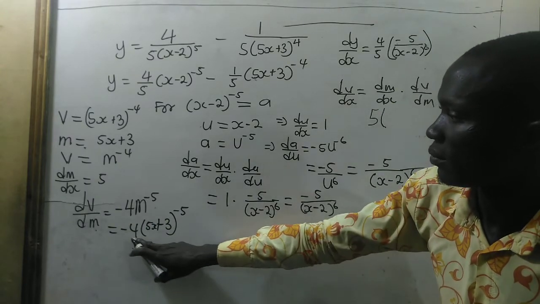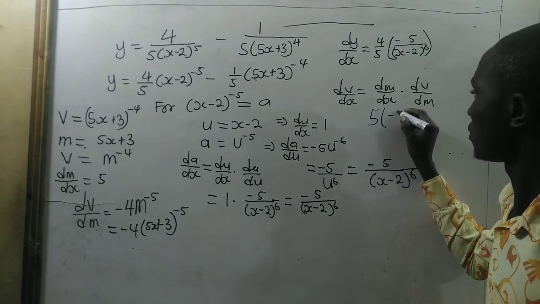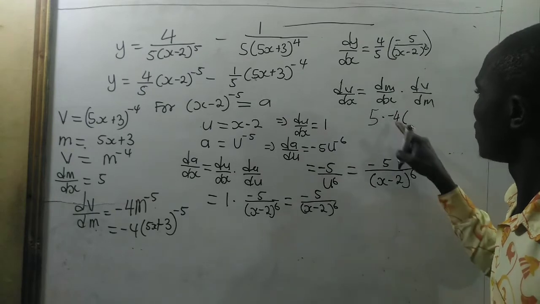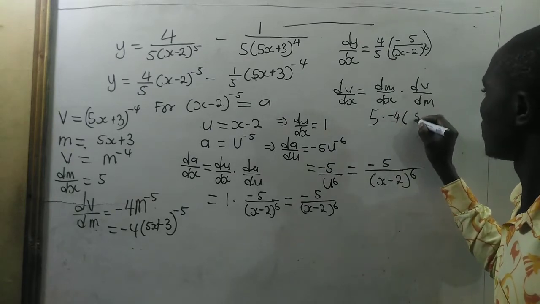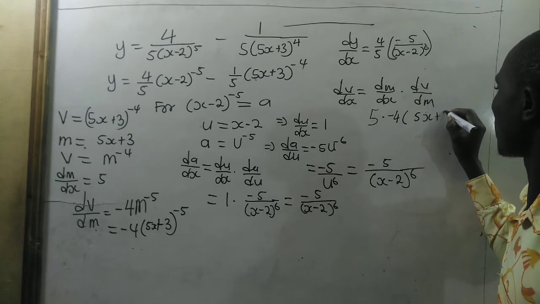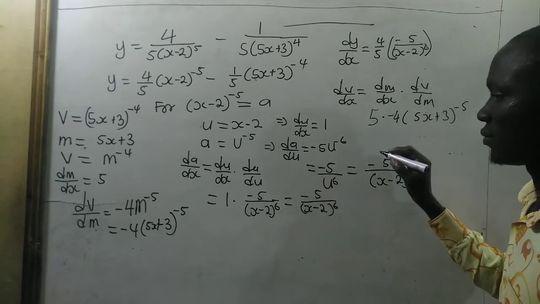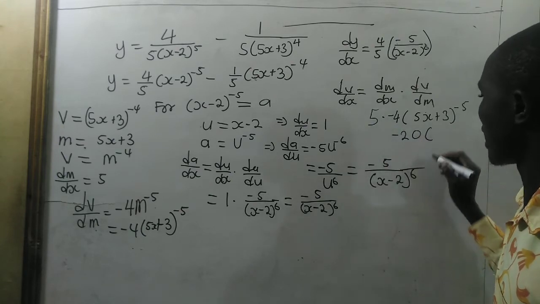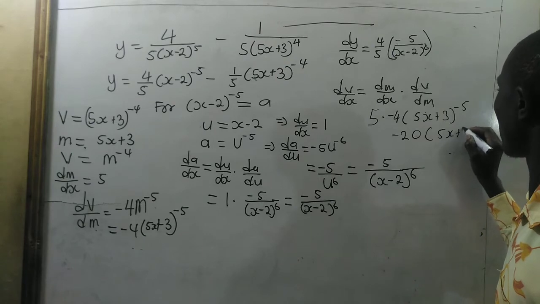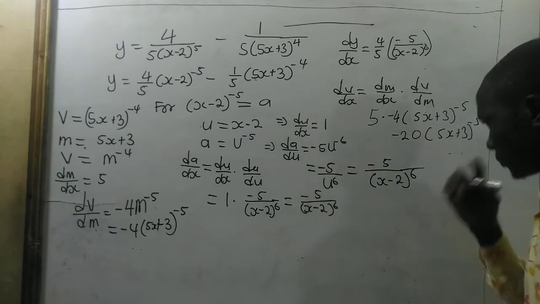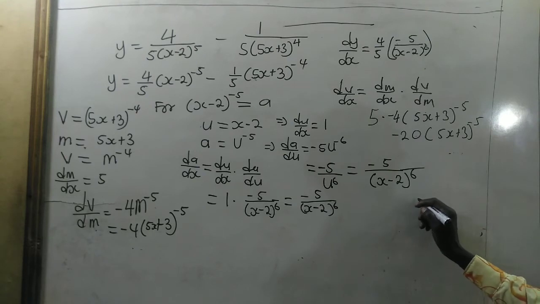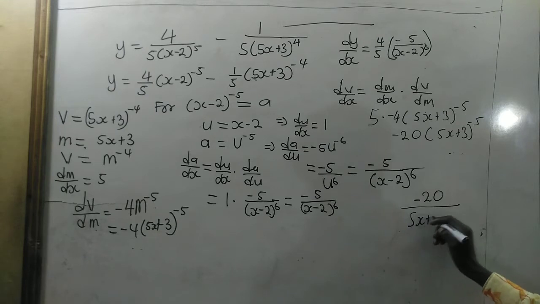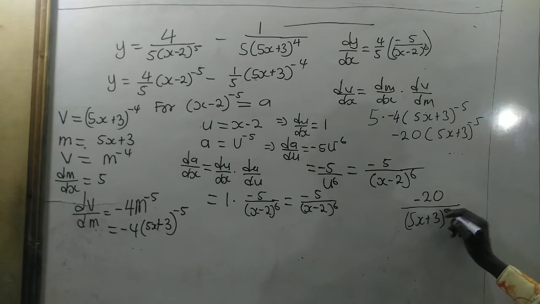times minus 4, so let me use a dot here. 5 times minus 4, into brackets 5x plus 3 to the power negative 5. And this will give us negative 20 times 5x plus 3 to the power negative 5, which is the same as negative 20 divided by 5x plus 3 to the power 5.